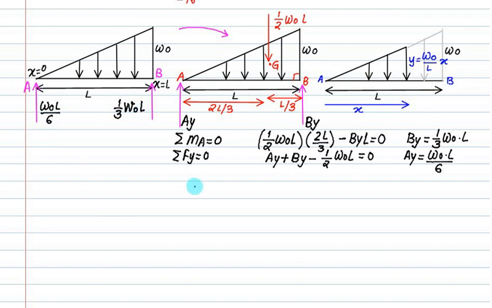Now we will use figure number 3 to construct Vx, the shear force at any distance x, and to find out the moment. So let's consider the section at this point. So what is Vx? It is the value of AY minus this total load.